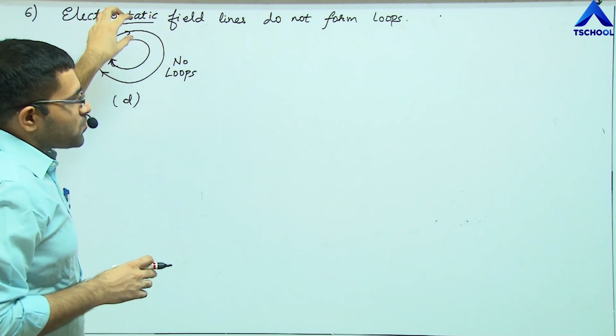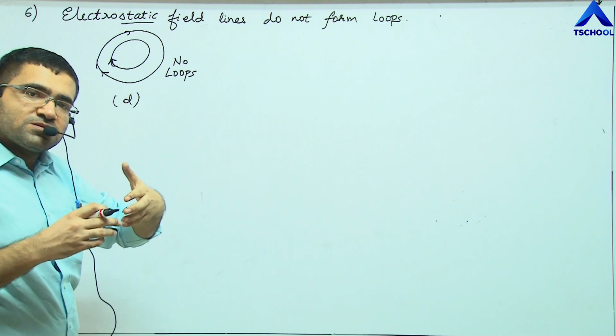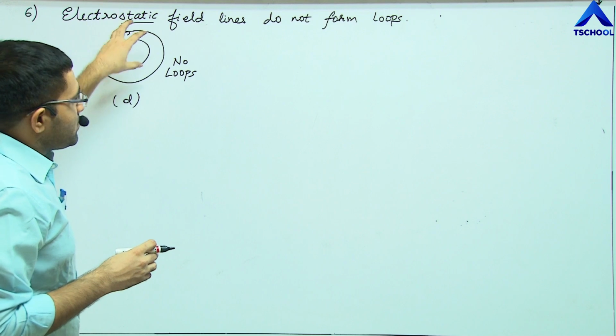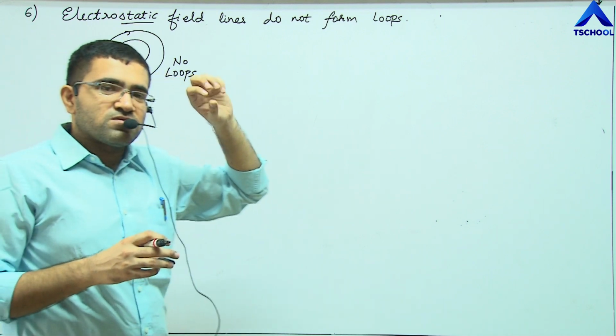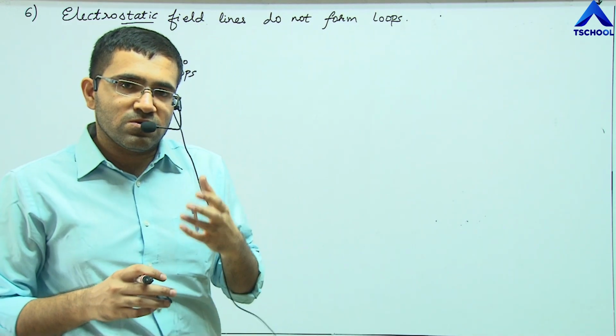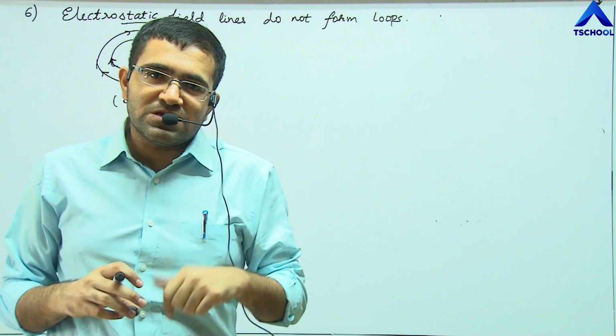So this is the property of electric fields created by charges that are not moving. Remember that if we are talking about electrostatic field lines, they can't form a closed loop. Okay, so that's it for the properties.